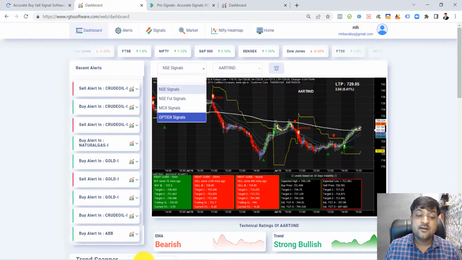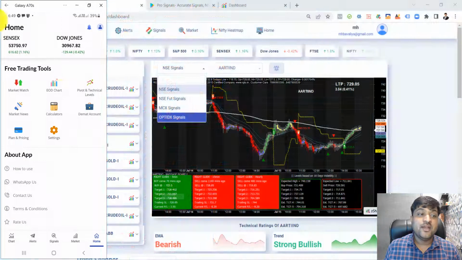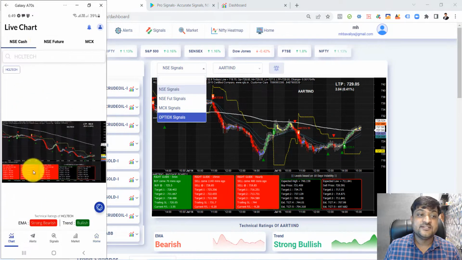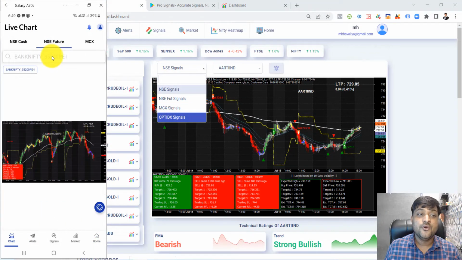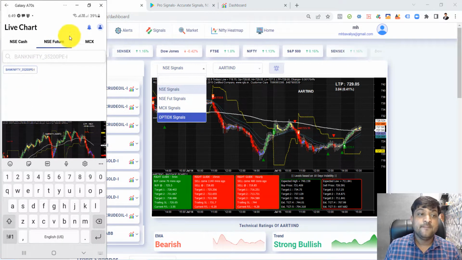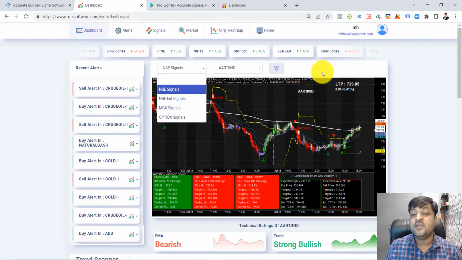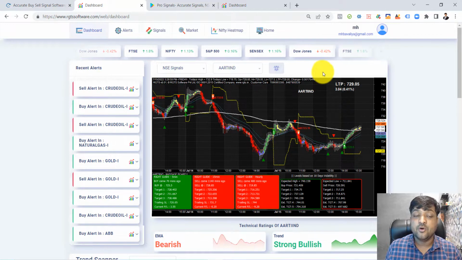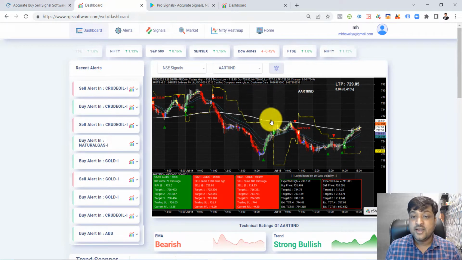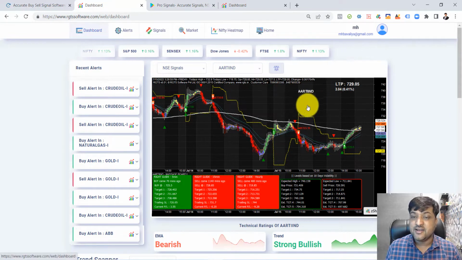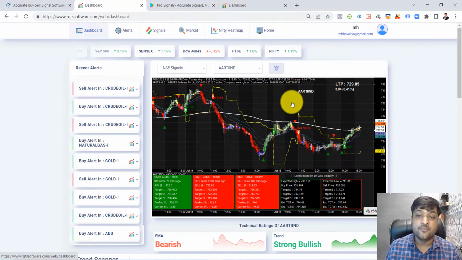And on the Android application, the option signals are available within futures, right? For options we have the Nifty and Bank Nifty monthly option contract on the Android application and on the website. Okay. So right now there is the Aarti Industry chart open in front of me, right?